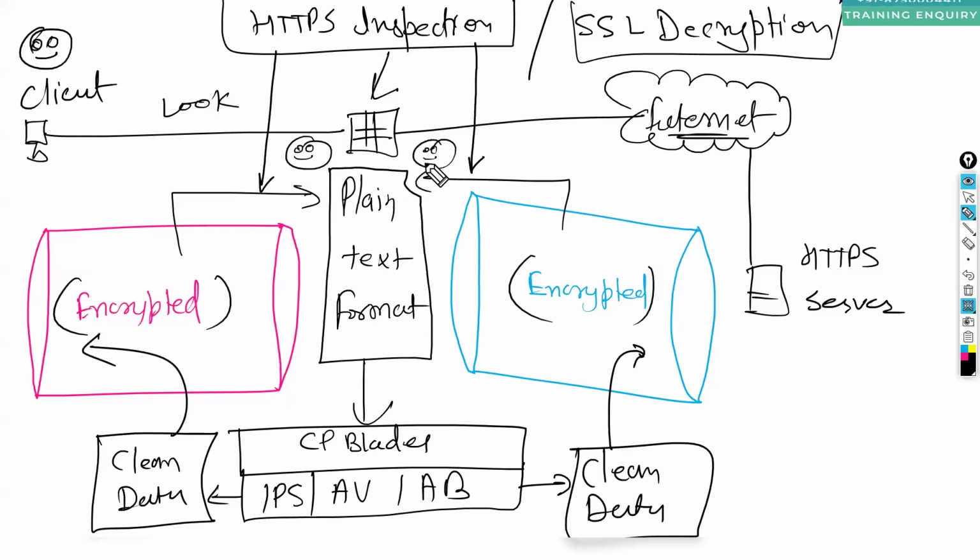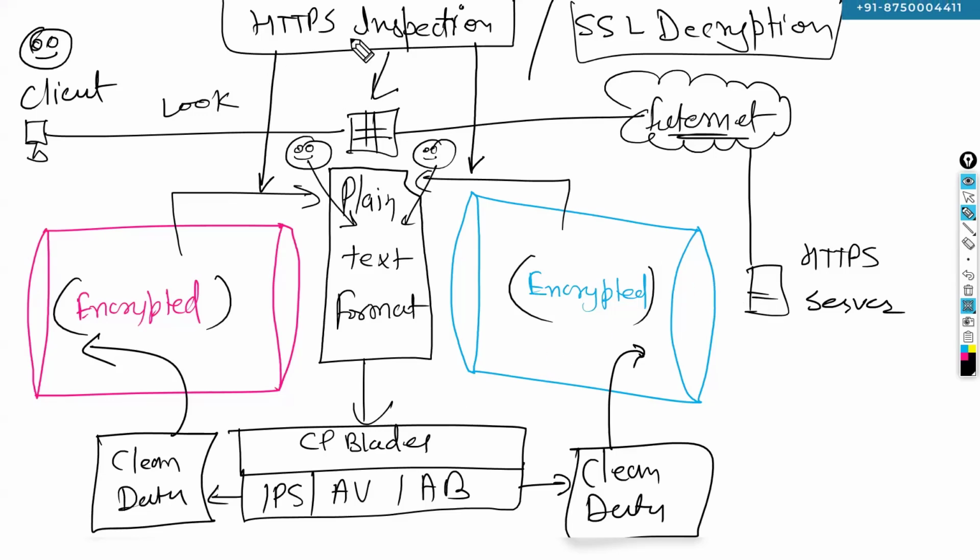If something is suspected, then we can drop it with the help of blades. Again, I'm clarifying that with HTTPS inspection, you convert encrypted data into plain text format so that attacks can be detected with the help of Checkpoint blades.